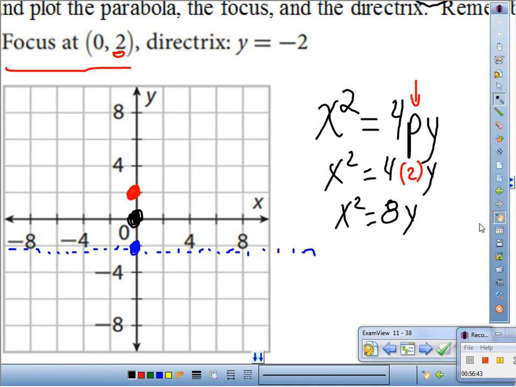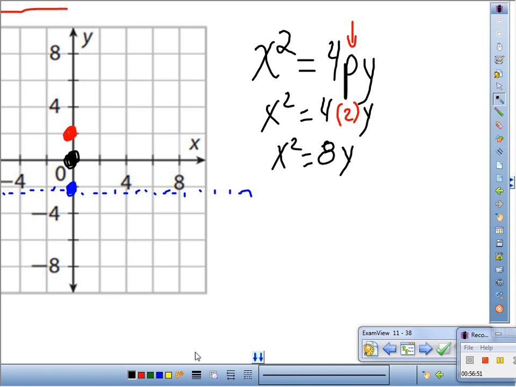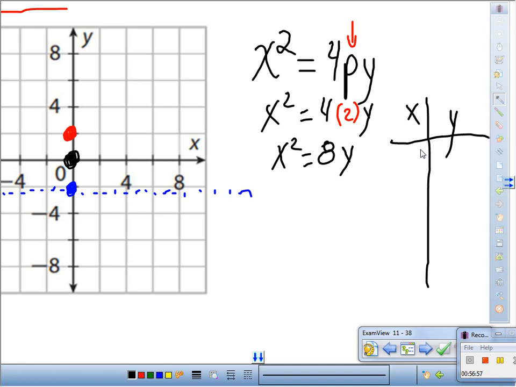Now that we have our equation, I need 2 points in order to graph my parabola, aside from the point of origin. So let's do this. Let's do x, y. All right, so we can start with -2.